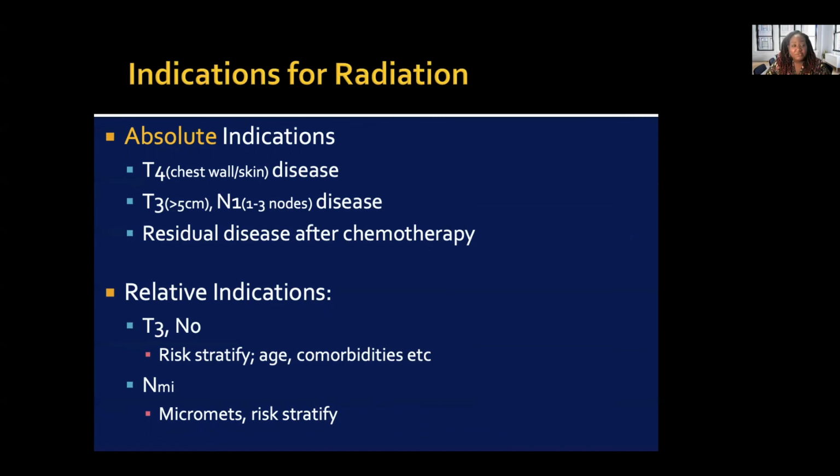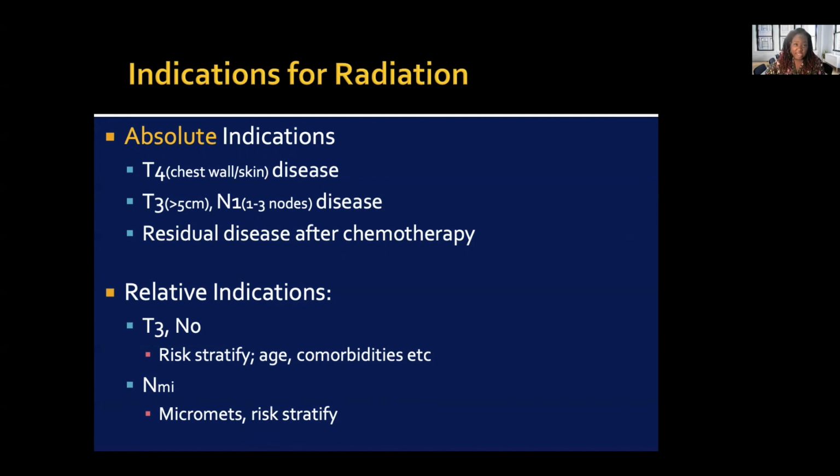Some of the indications for radiation include T4 disease or chest wall and skin involvement, T3 disease, which is tumors greater than 5 centimeters, but also T3 with N1 disease, which means they have 1 to 3 nodes positive. Also, if the patient has had chemotherapy and still has residual disease, that's also an indication of radiotherapy.